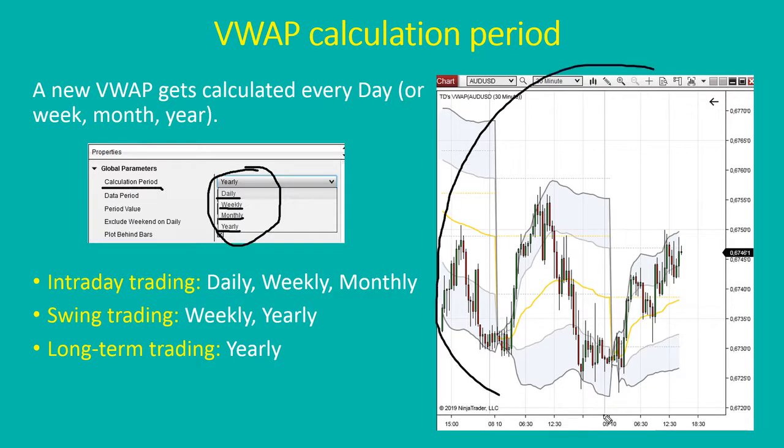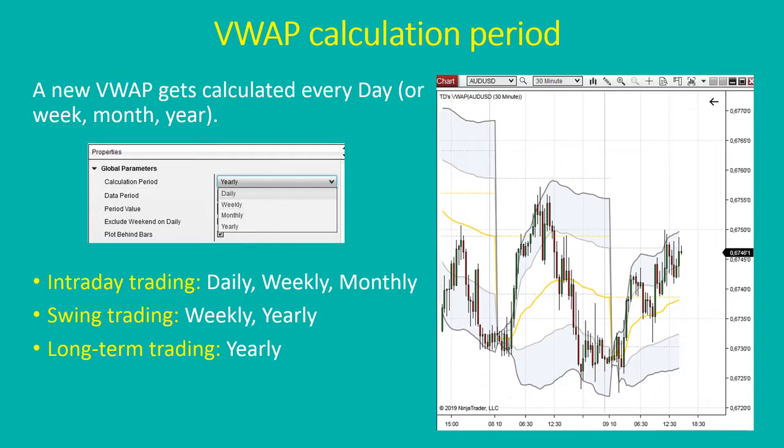In this picture, this is a 30-minute chart of the Australian dollar US dollar. And this is 1 day. This is 1 day period. As you can see, the vwap starts calculating from here and then sort of develops, gets wider and wider. Then the next day, the vwap starts anew. New calculation begins with a new day, alright?